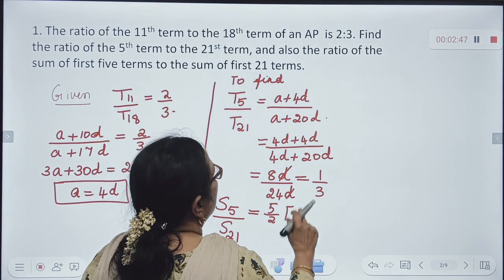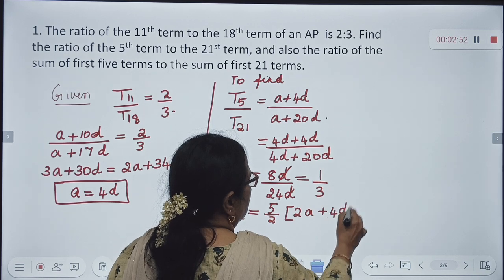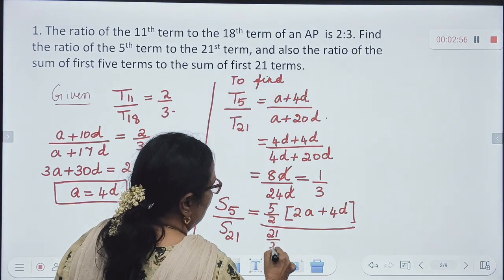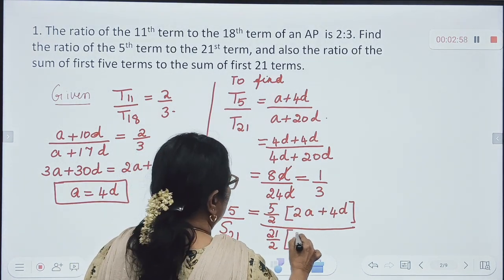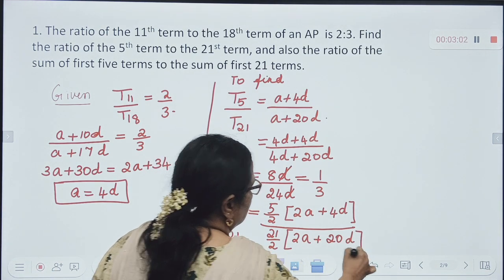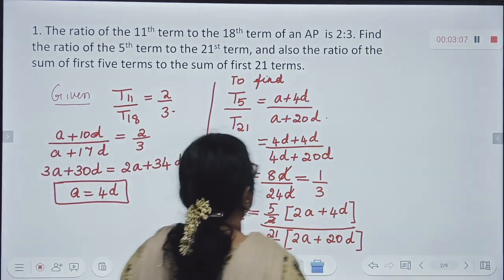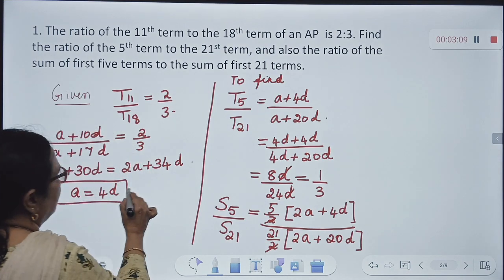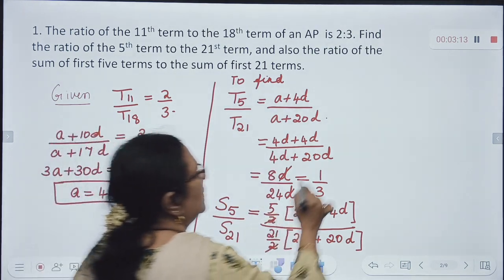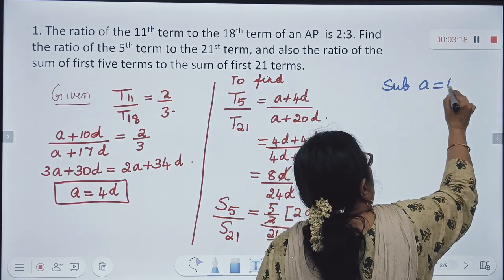N/2 into 2A plus 4D, divided by 21/2 into 2A plus 20D. Okay, now this 2 gets cancelled and you know that A equal to 4D. So we will use that, substituting A equal to 4D.